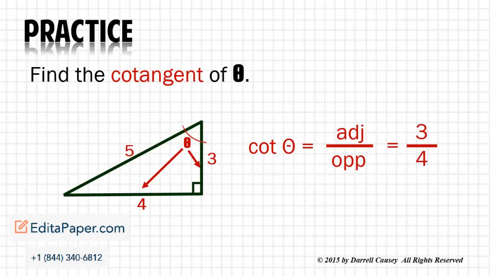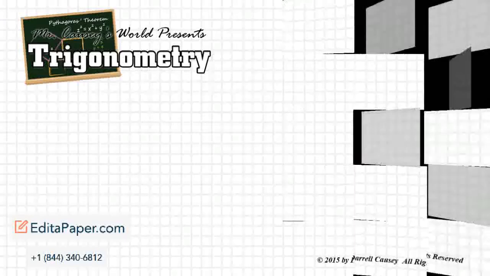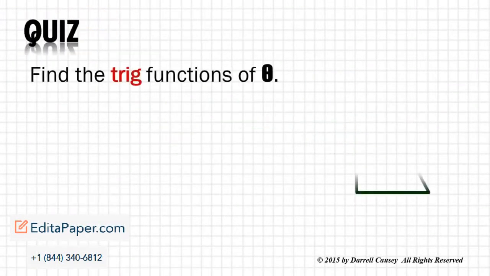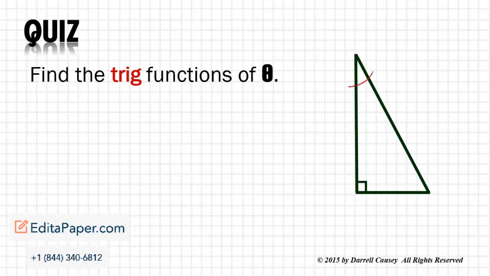And it's very important you get these ratios down. So let's take a little quiz. Find the trig functions of the following right triangle and angle theta. Well, sine theta is going to be x over r, because r is our hypotenuse.